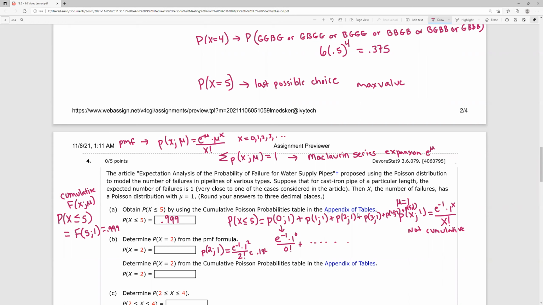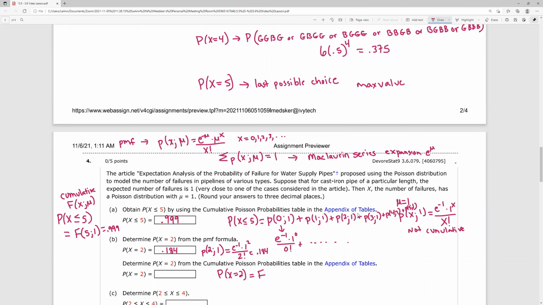0.184. Now I should still get the same thing here, but the problem is in the table, they're accumulated. So if you want the probability that X equals 2 from the table, you're going to use, remember, your F to represent the cumulative distribution function there that adds up all those probabilities.